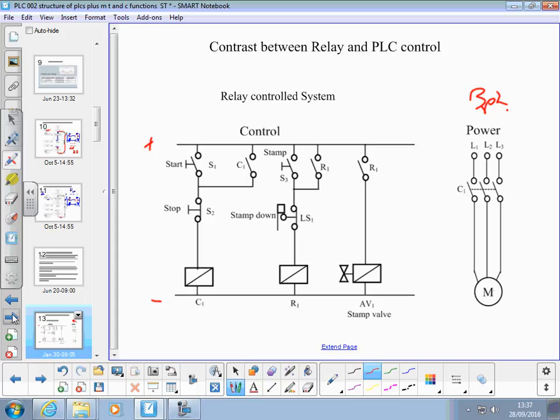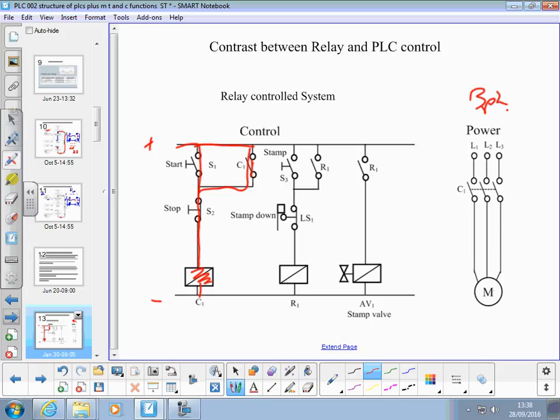So we push this switch here, we get current down there through the normally closed stop button to that relay, which turns on and closes that contact. We've got a parallel path so that when we let go of the start button, the motor continues to run. And anyone already familiar with moving machinery and motor stop should be reasonably familiar with that circuit.